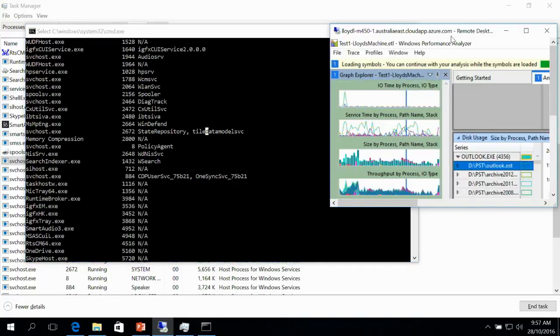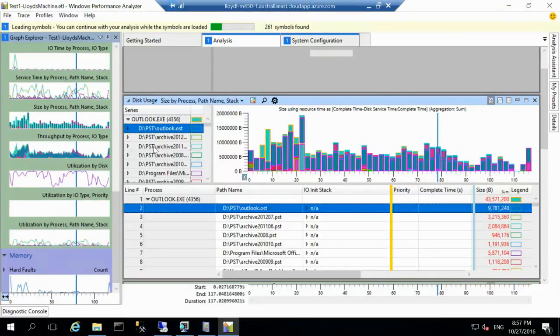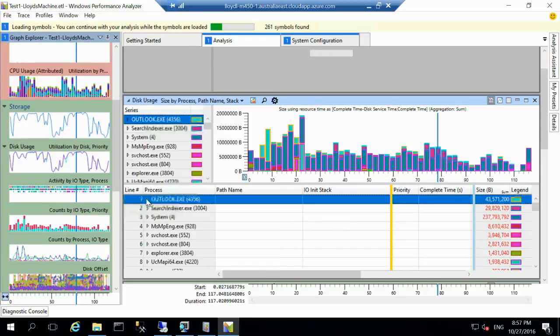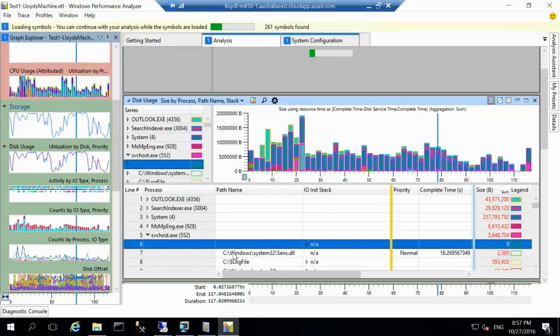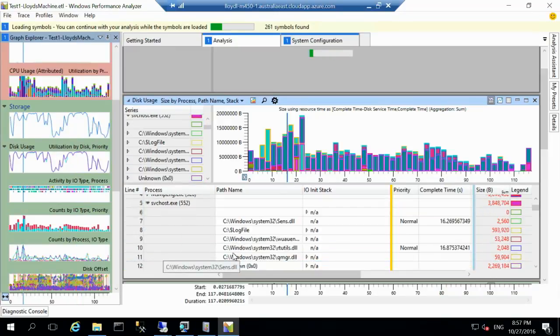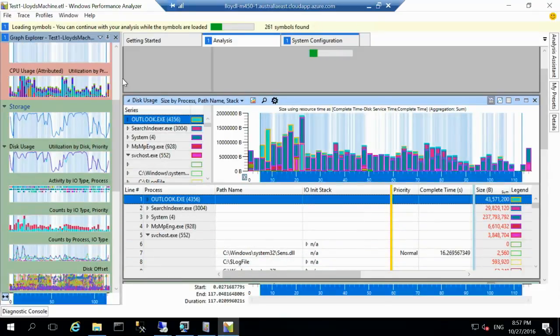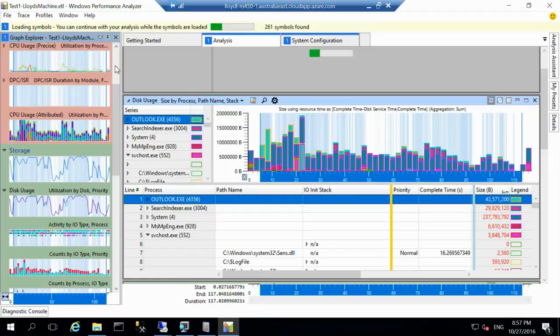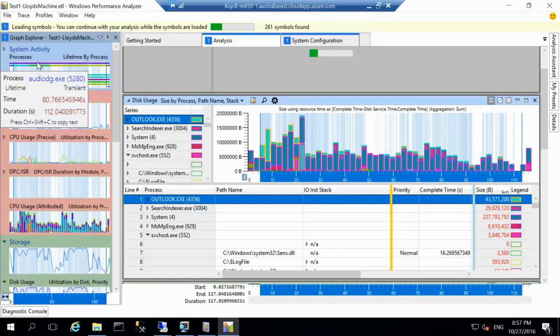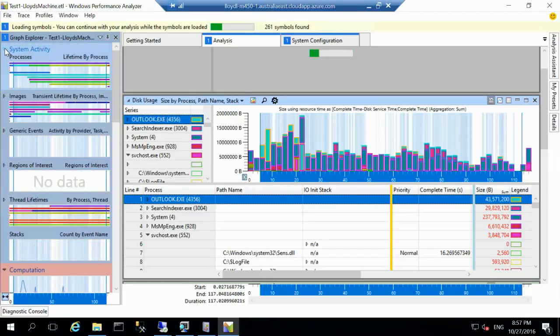If you go back into this guy directly, it will also tell you based on the process itself. So if I pull out one of these SVC host, you can actually see based on the files that it's reading which one it is. And if you want to know which one, you go under the CPU part instead of looking under the storage part. You go under the CPU part of it, and then you pull out, see this part here where it says processors, lifetimes, and so on.